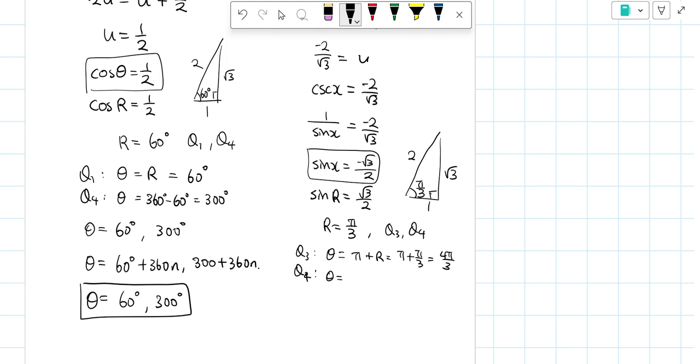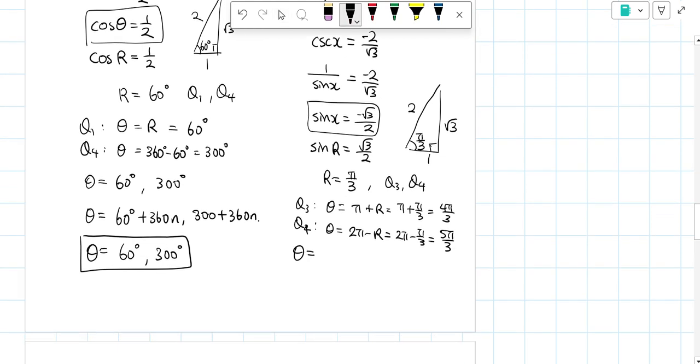In quadrant 4, the angle is 2 pi minus r, which means it's 2 pi minus pi over 3. If you do the math in your head, 2 pi is 6 pi over 3. 6 pi over 3 minus pi over 3 will be 5 pi over 3. So my answers are theta is equal to 4 pi over 3 and 5 pi over 3. For this one, I'll skip some steps and add 2 pi n at this point.